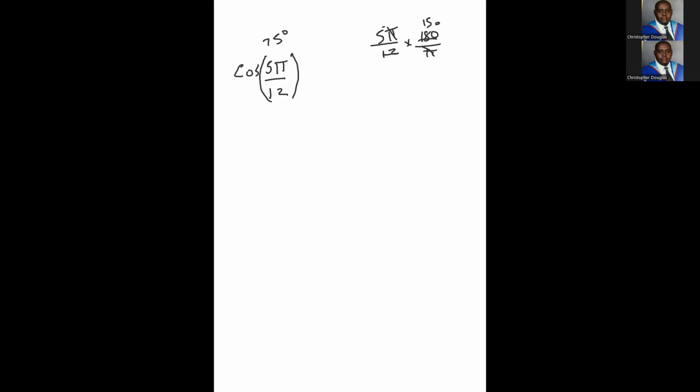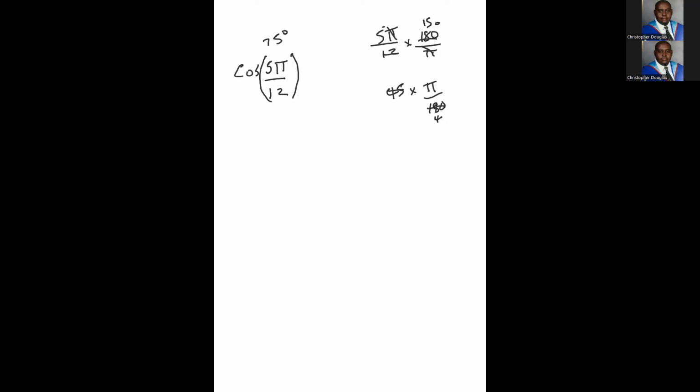Converting degrees to radians, you're multiplying by pi over 180. The pi has to be at the top. So just by a quick check, 45 multiplied by pi over 180. Two 45s make a 90, so that means that 45 into 180 is 4.